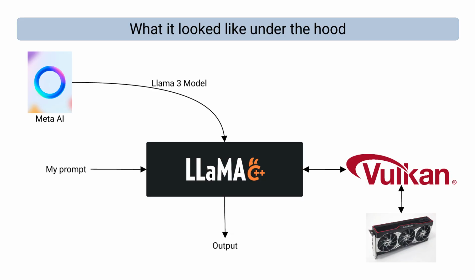Well, first I downloaded the model from Meta. Meta is the one that's giving out the Llama 3 models. But when I say models, that means all the different weights. I store them on my own computer, and then I use a program called Llama CPP, which will take that model and my prompt and use Vulkan, which I said is not that commonly used, but in this case, Llama CPP can use Vulkan and use my GPU.